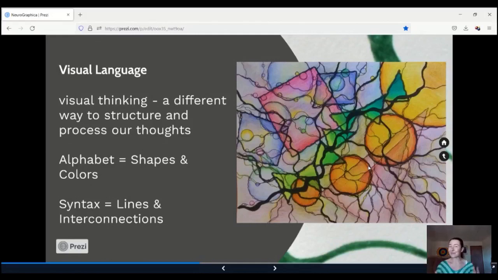That's one of the things NeuroGraphica is really about. And Pavel says that with that, we can experiment our future. We can create situations in our future, put them on a piece of paper, and then see how they play out, how it feels for us, how we act in them.